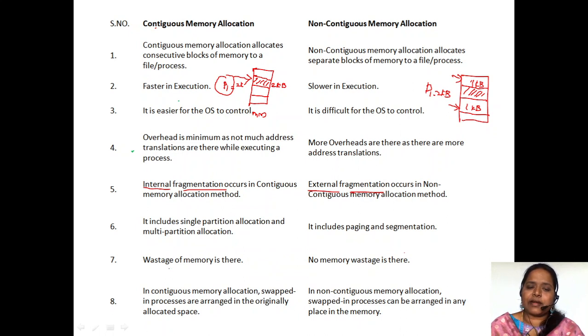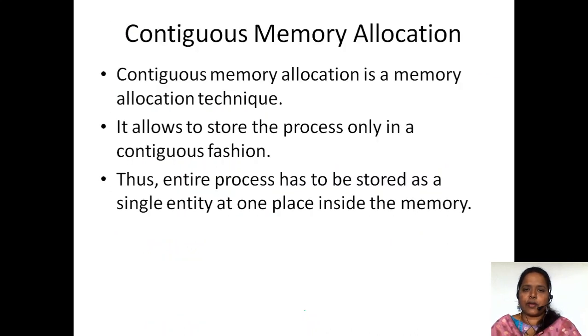In internal fragmentation, there is waste of memory, but in non-contiguous memory allocation there is no wastage, which I will tell you later. And next is contiguous memory allocation. Swapped-in processes are arranged in the original location, but here swapped-in processes are placed wherever the spaces are left, and those positions are occupied.